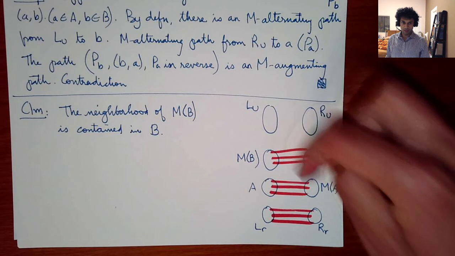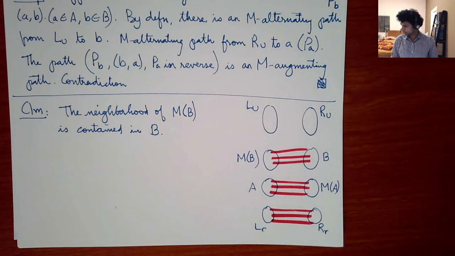Why can't there be a neighbor of M of B in R remaining? Any suggestions?